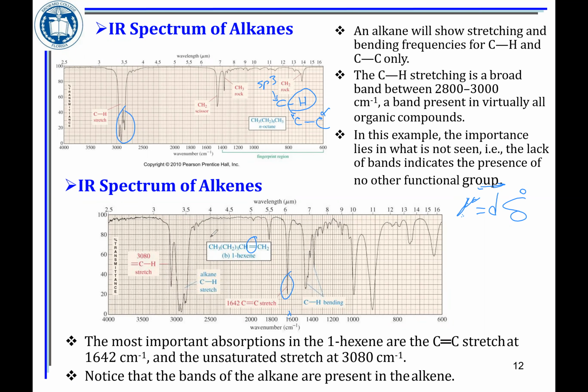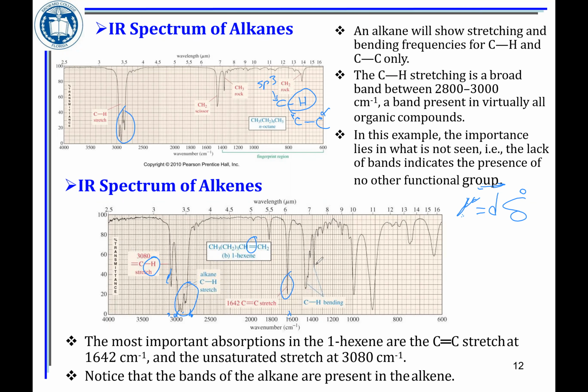One type of CH is coming from sp3 CH, and that would be between 3000 and 2800. And if we have between 3000 and 3100, this is the sp2 CH. So this basically is the hydrogen attached to an sp2 carbon. So just get kind of used to this.